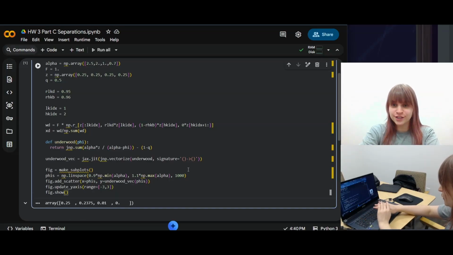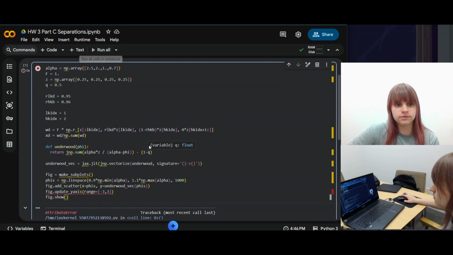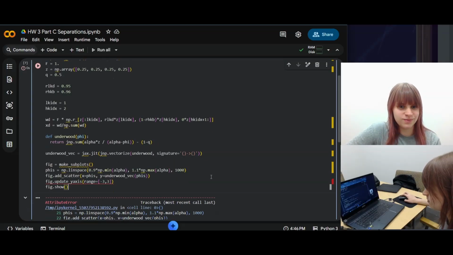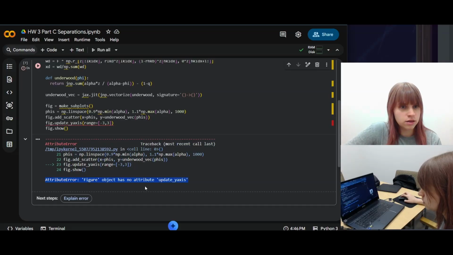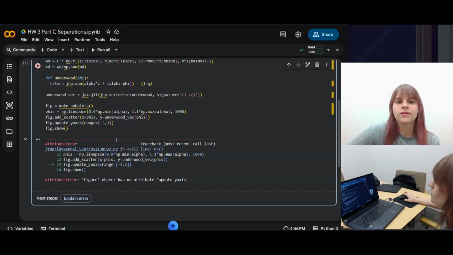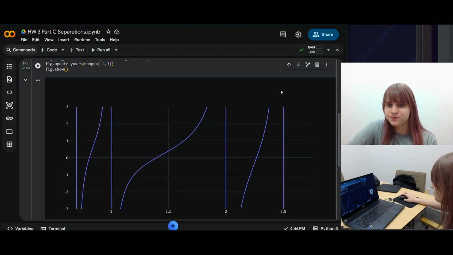And we need fig.show. So let's see what that looks like for now, if it works, which it looks like it does not. Y-axes, and so there we go.